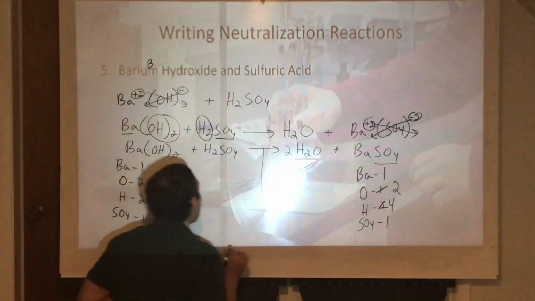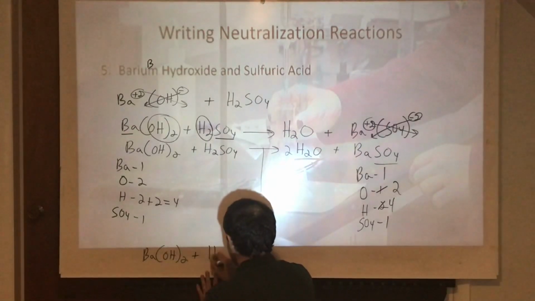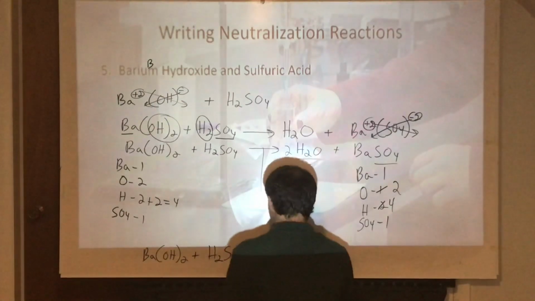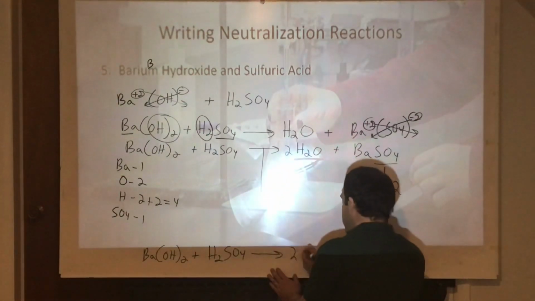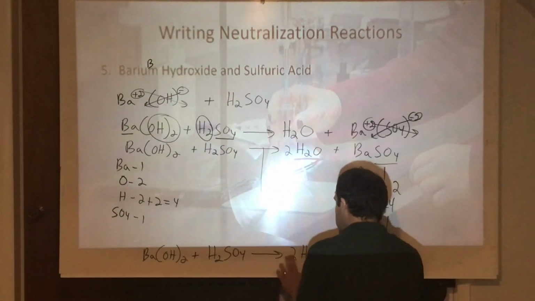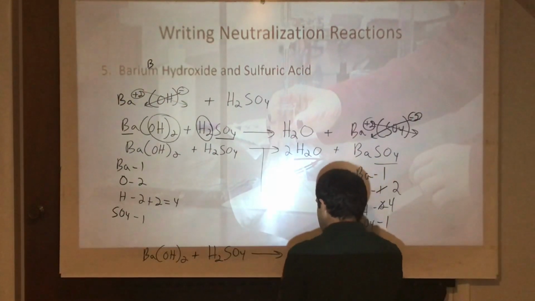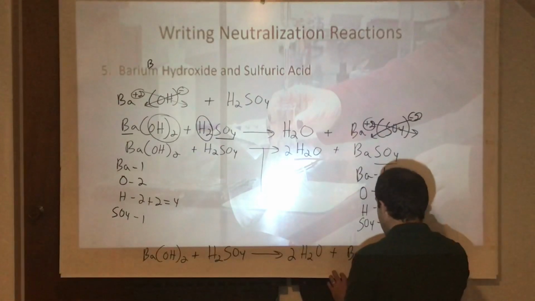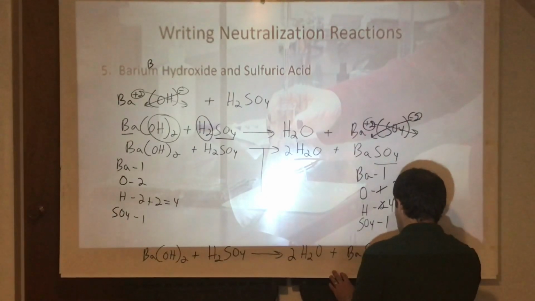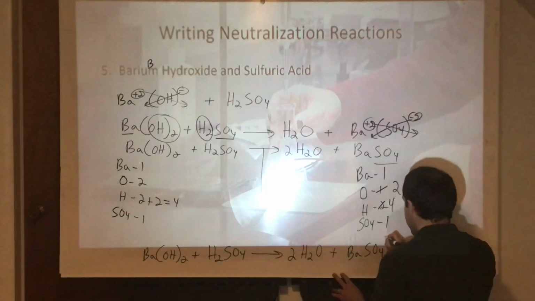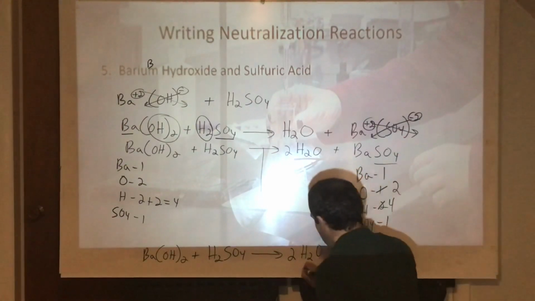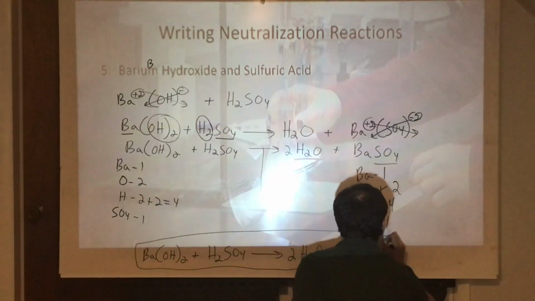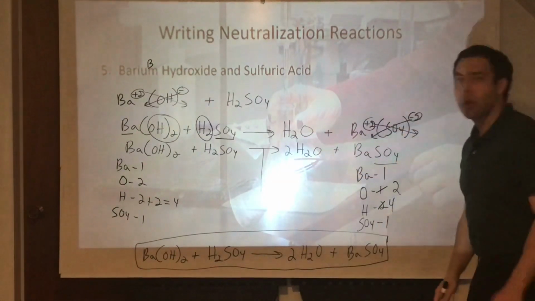Plus 1 H2SO4 yields 2 waters, 2 H2O's, plus 1 barium sulfate, BaSO4. Then we have our balanced neutralization reaction.